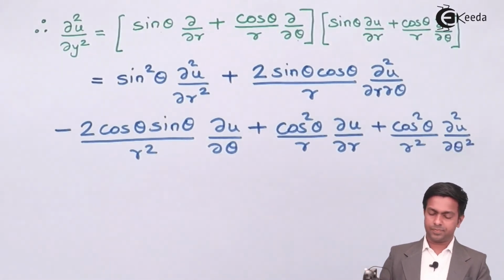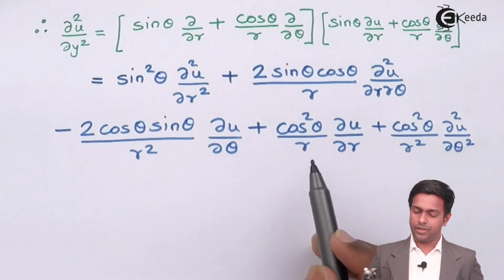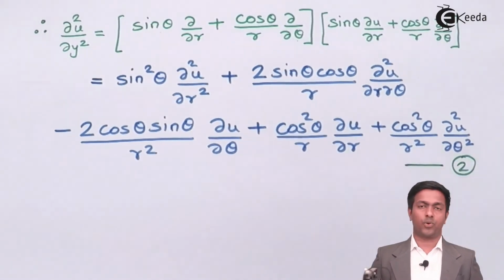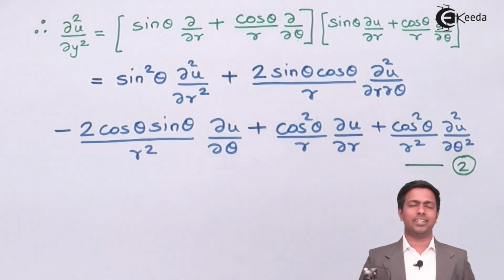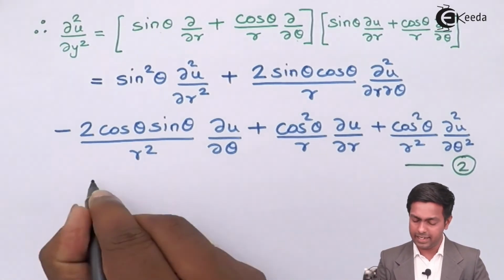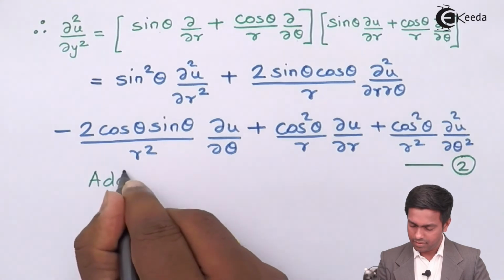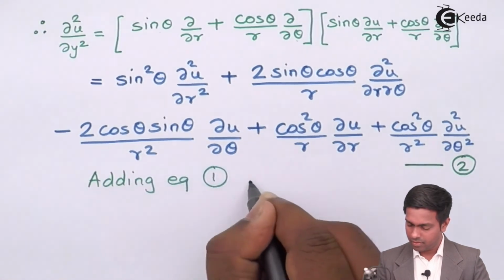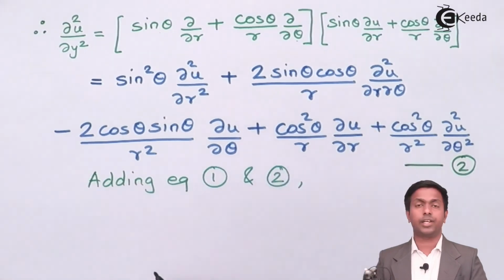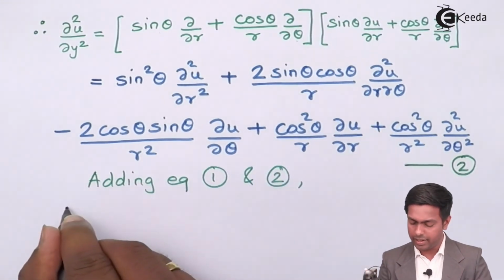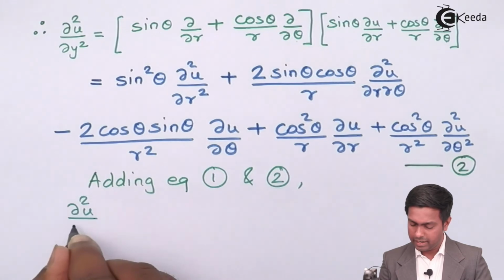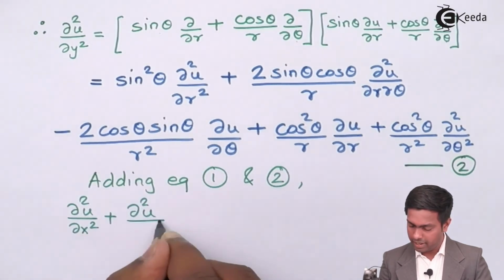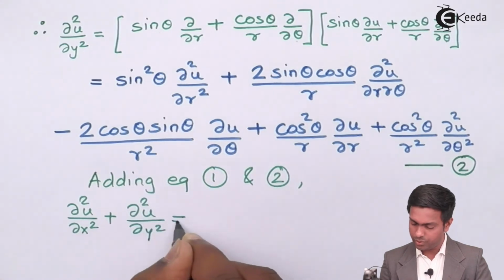So guys, here we got the equation number 2. Now to get the final answer, we have to add the result number 1 and 2. So here I'll say adding the equation 1 and 2. So here we'll get del square u by del x square plus del square u by del y square equal to.